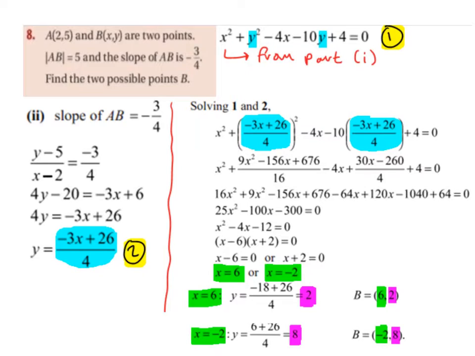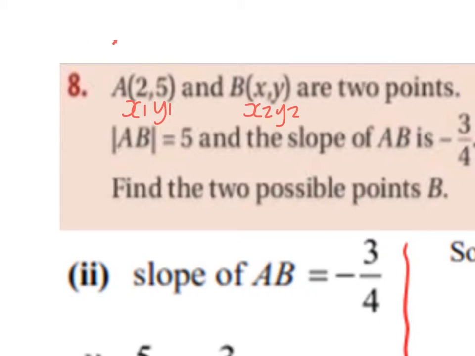Okay, so then we're going to take the second bit of information, which was that the slope of AB is minus 3/4. So again, we're going to label our points x1, y1, x2, y2. And then we write out the slope formula and sub these values in.